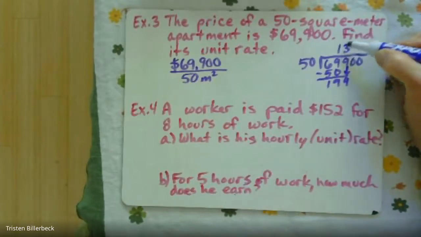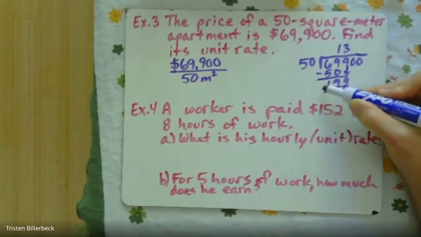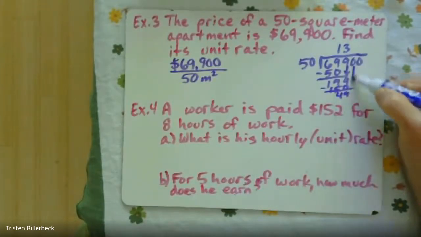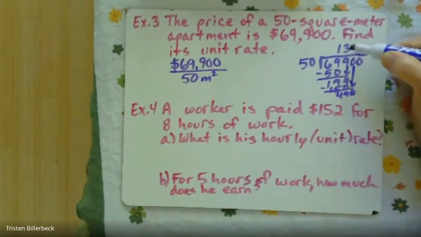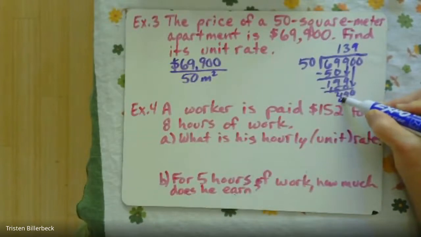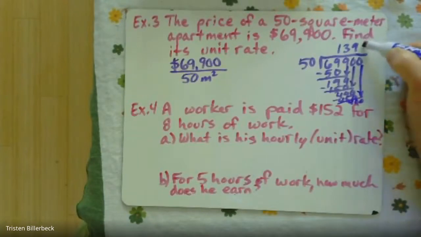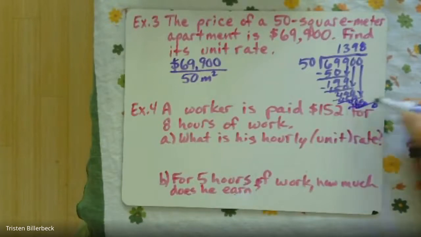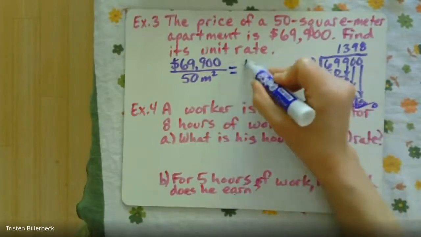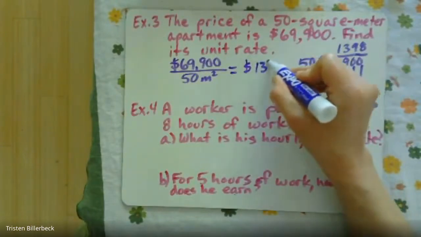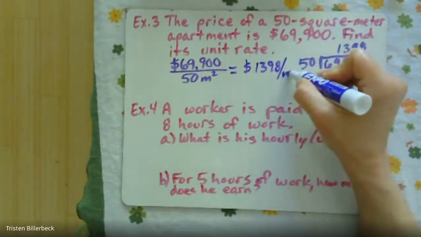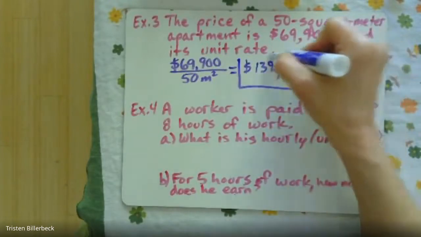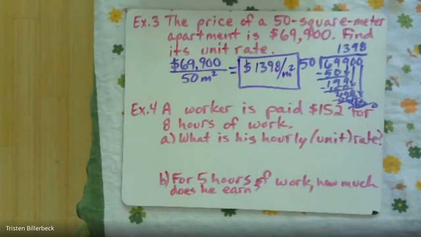There's 3 in that, and we get 49, drop a 0 down. That is going to be 9. So that gives us 450, and then we subtract and we get 400 when we drop that down, and that's 8. And 8 times 50 is 400, so we finally get our 0. So this equals $1,398 per meter squared. That would be the unit rate for that apartment.